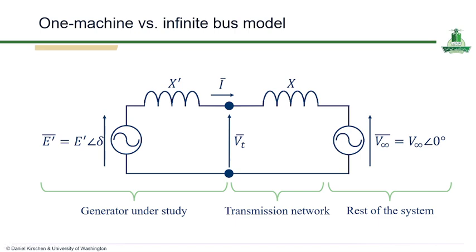The terminal voltage VT lies between the generator and the network. This model assumes that the rest of the system is very large and unaffected by the generator dynamics, allowing us to focus on rotor angle delta behavior and analyze system stability in a simplified, effective way.